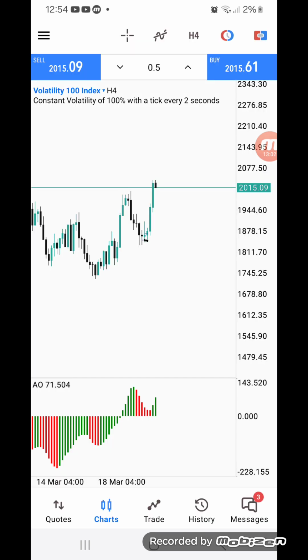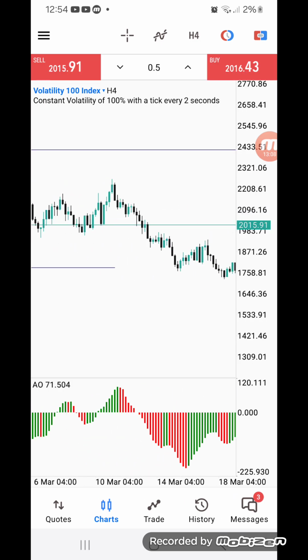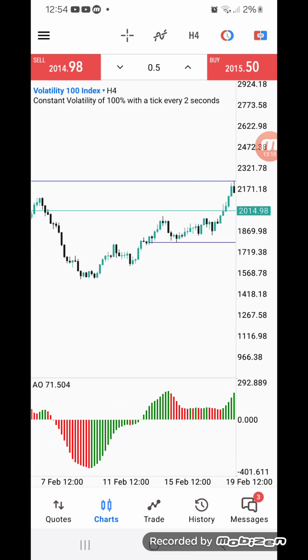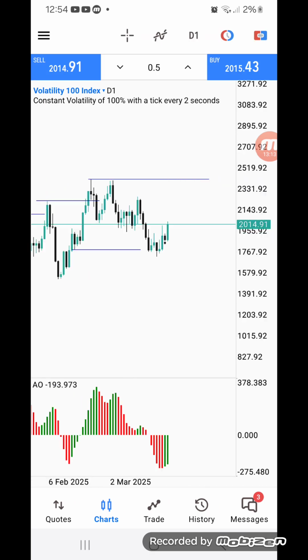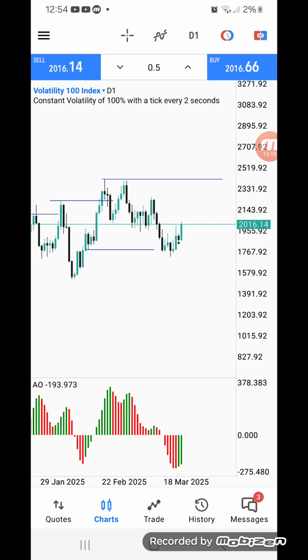Let's see how it gave us the divergence, because divergence is very powerful when it comes to showing us the continuation or reversals in a particular instrument or price market.